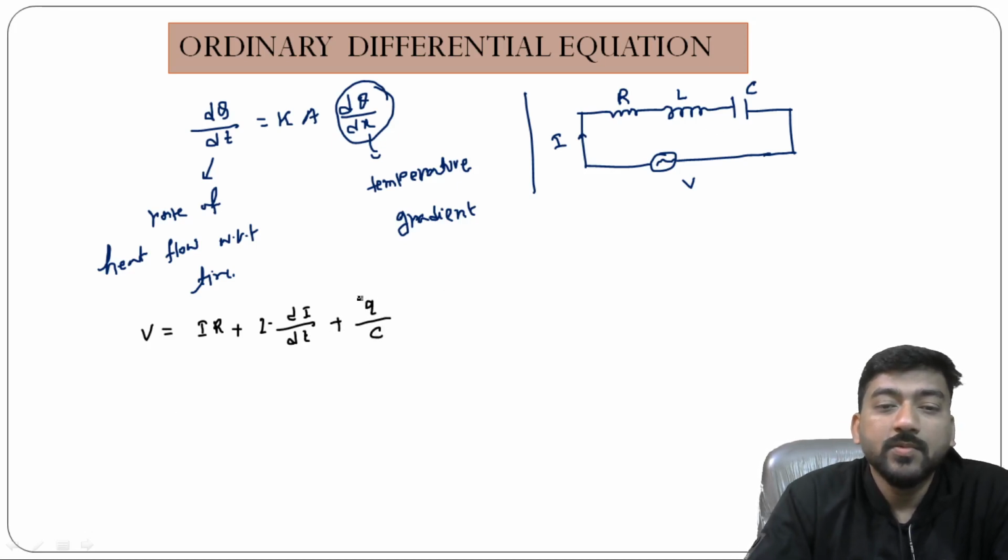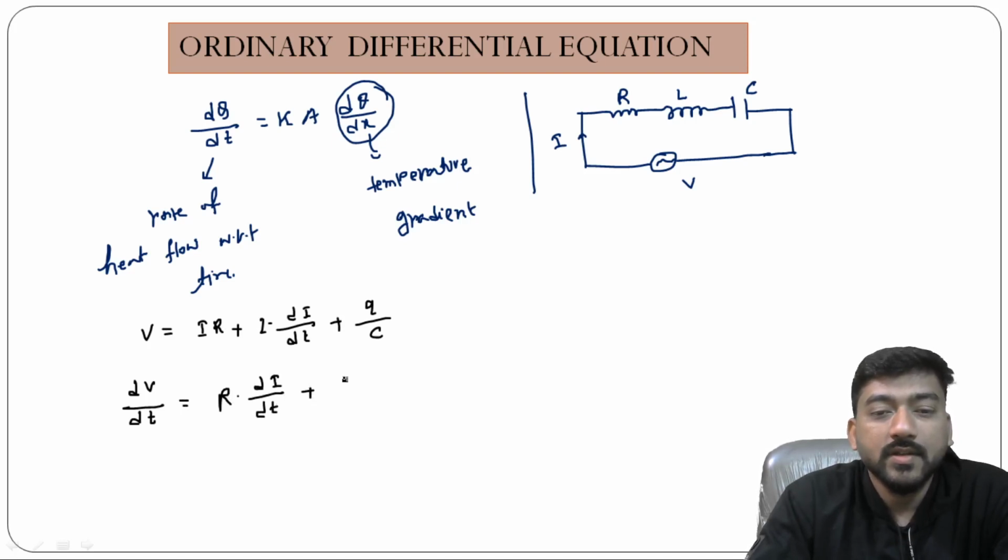Now if you differentiate again, you get dV upon dt equal to R into dI/dt, plus L into d²I/dt², plus 1 by C into dQ upon dt.